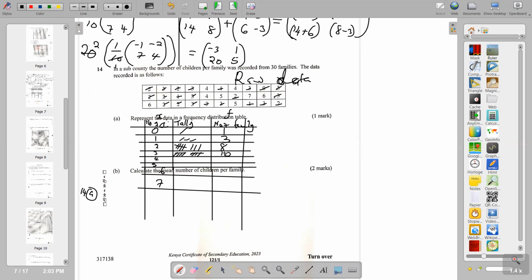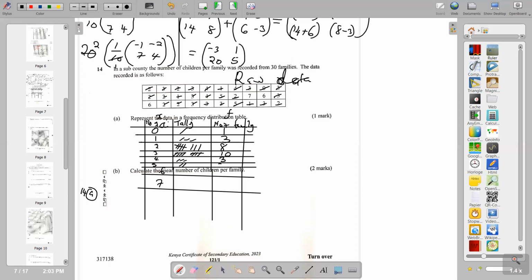So that is 10. 4, you have 1, 2, 3, so you write 3, and then 5, you have 1, 2.